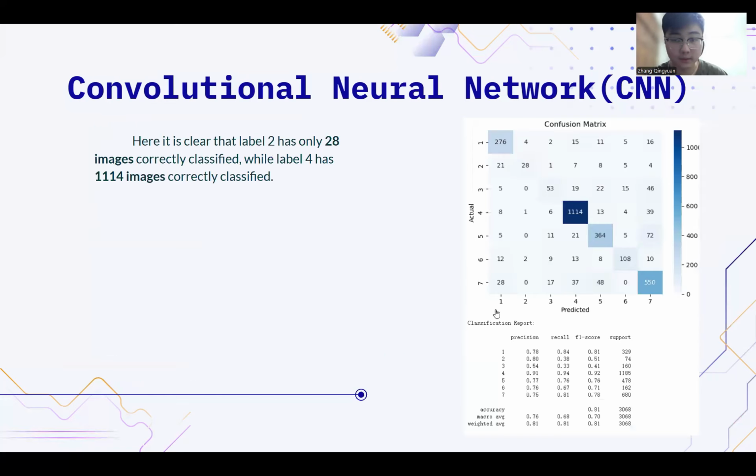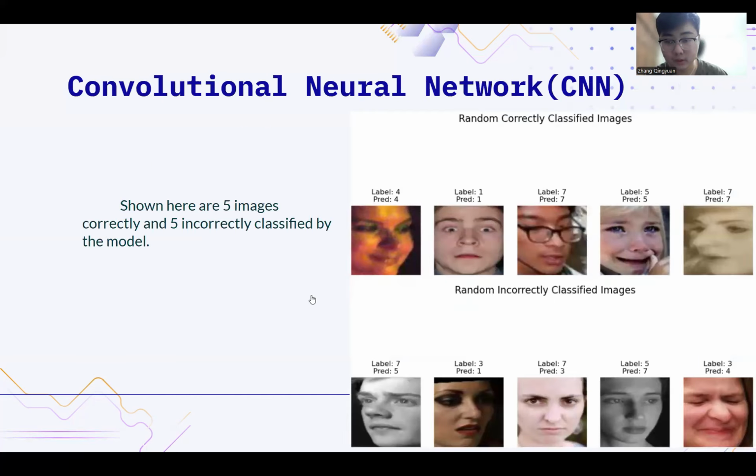Next. It can also be seen here that label 4 has 1114 images correctly classified, but label 2 only has 228. Next. So here are 4 images correctly and 5 incorrectly classified images.